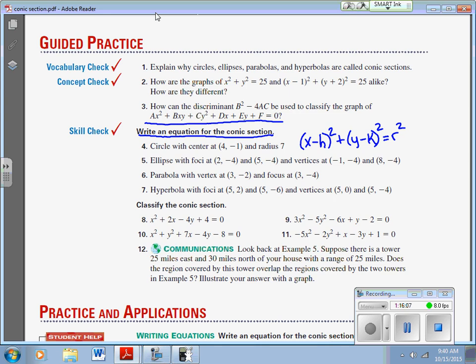So, I need you to remember that, okay? Remember that the center of the circle is at h, comma, k, which I know already, don't I? And the radius is r. I'm going to erase this in a second because we're just going to write the equation of it, okay? So again, you guys see, you got to go back to that first page. All right.